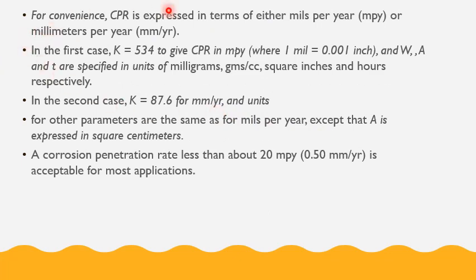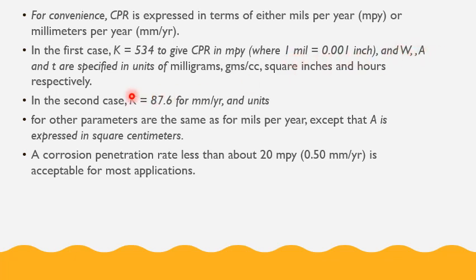For convenience, CPR is expressed in terms of either mils per year or millimeters per year. So if we express the CPR in mils per year, then the K value will be 534. This is the mil and inch conversion.